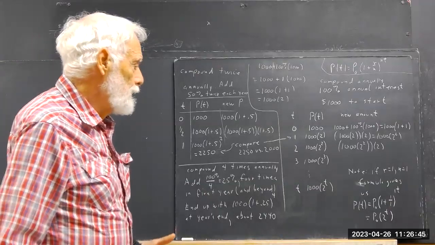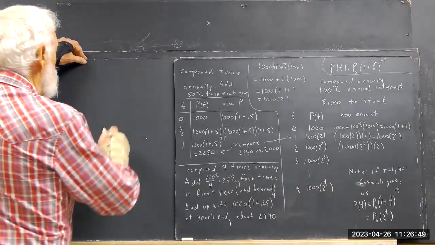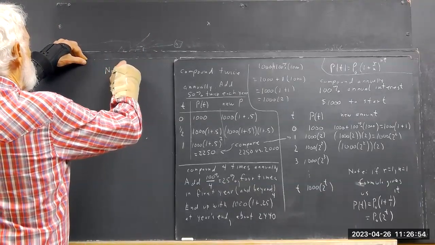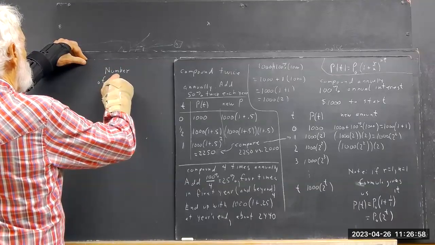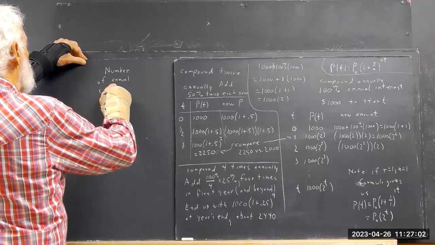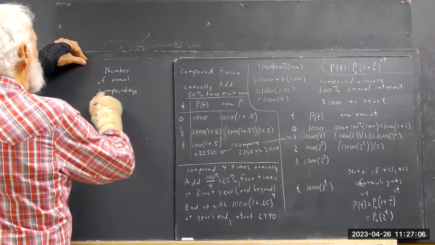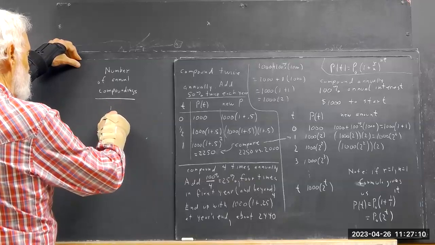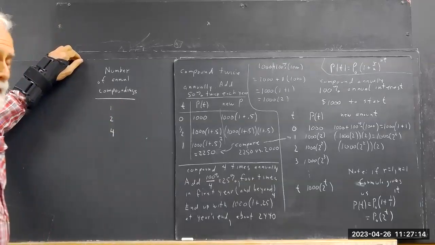Now look at the progression. With the number of annual compounding, 1, 2, 4.